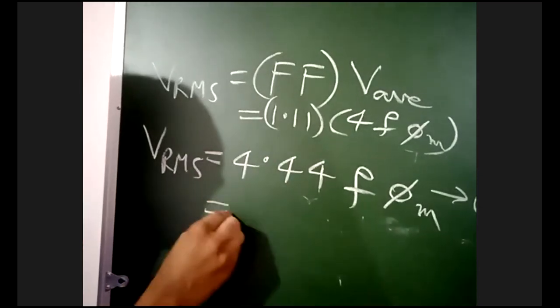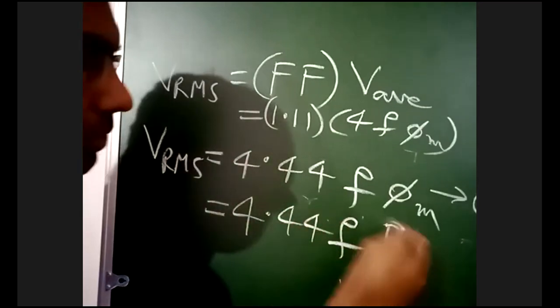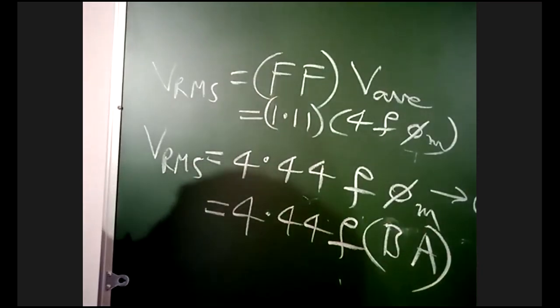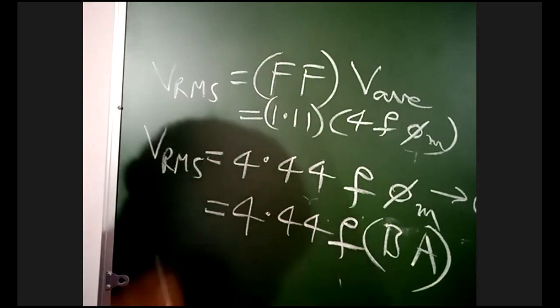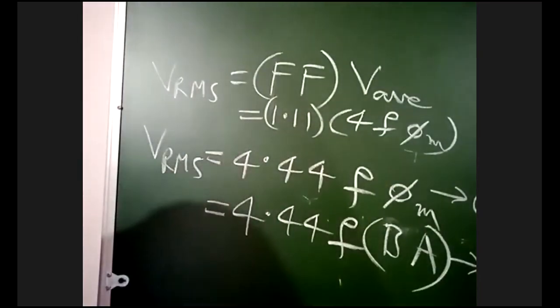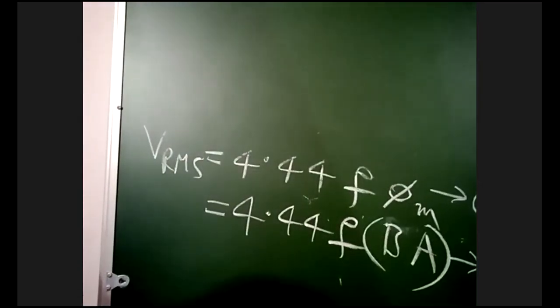That is, the second equation is 4.44 F B A. A is the area of the conductor, the copper wire. Let it be equation 2. This derivation they will ask for 5 marks in the exam.